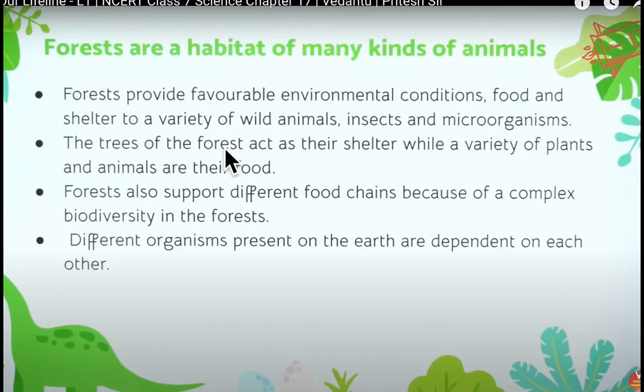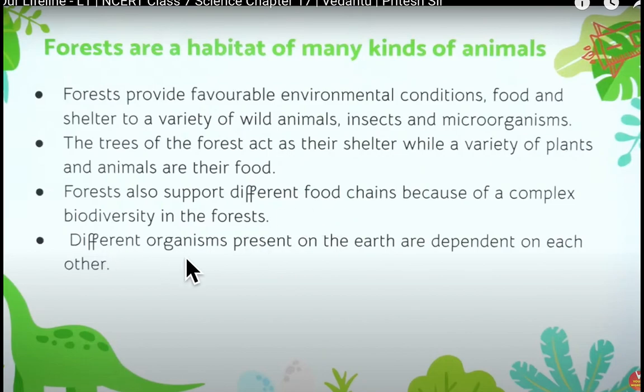The trees of the forest act as their shelter, while a variety of plants and animals are their food. Forests also support different food chains because of the complex biodiversity in the forest. Because different types of animals and plants are there, they support the different food chains which we are going to discuss.